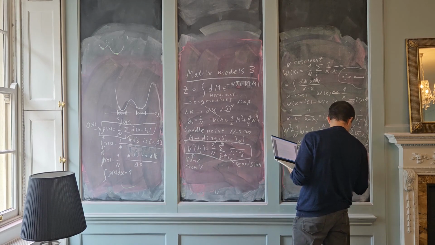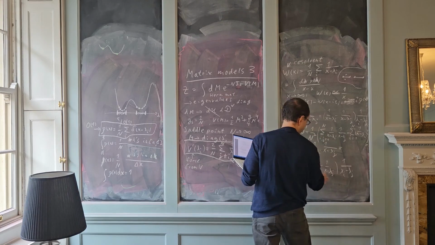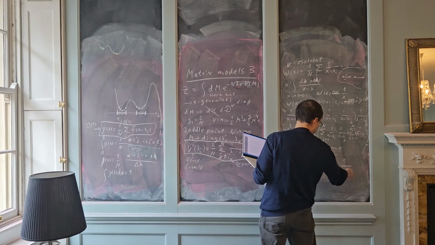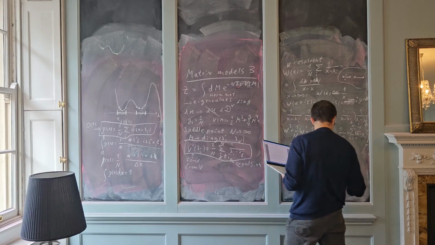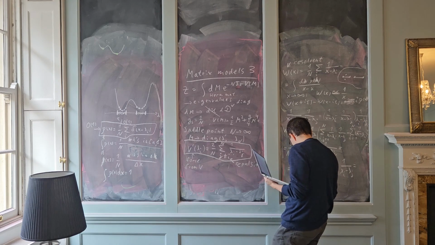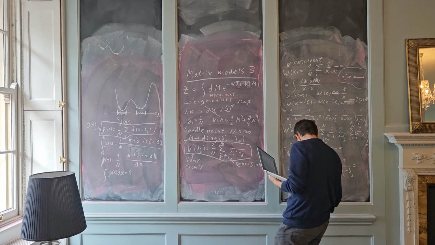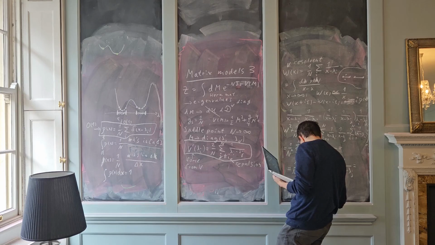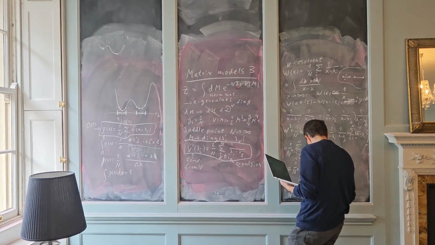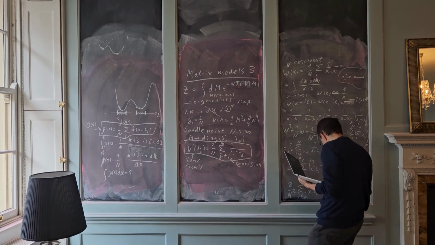So we will have 1 over lambda j minus lambda i, and here x minus lambda i. Flipping the sign will compensate this sign. So now it will be 2 over n squared sum, i not equal to j, 1 over x minus lambda i minus lambda j.